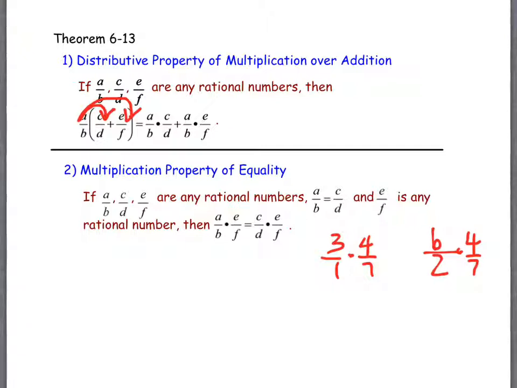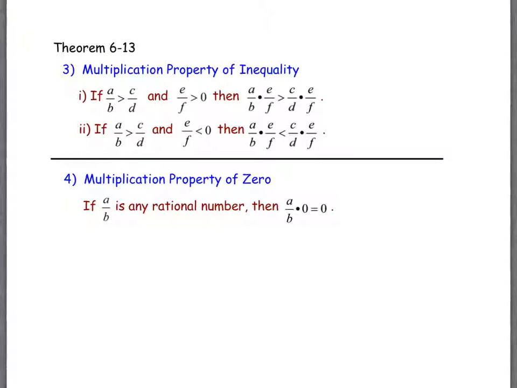The two fractions would still be equal that you started with. And we use this property, this multiplication property of equality, a lot when we solve equations. A lot. And in fact, I think that's what we're headed to next. So one more set of properties, and then we're going to do some equations.